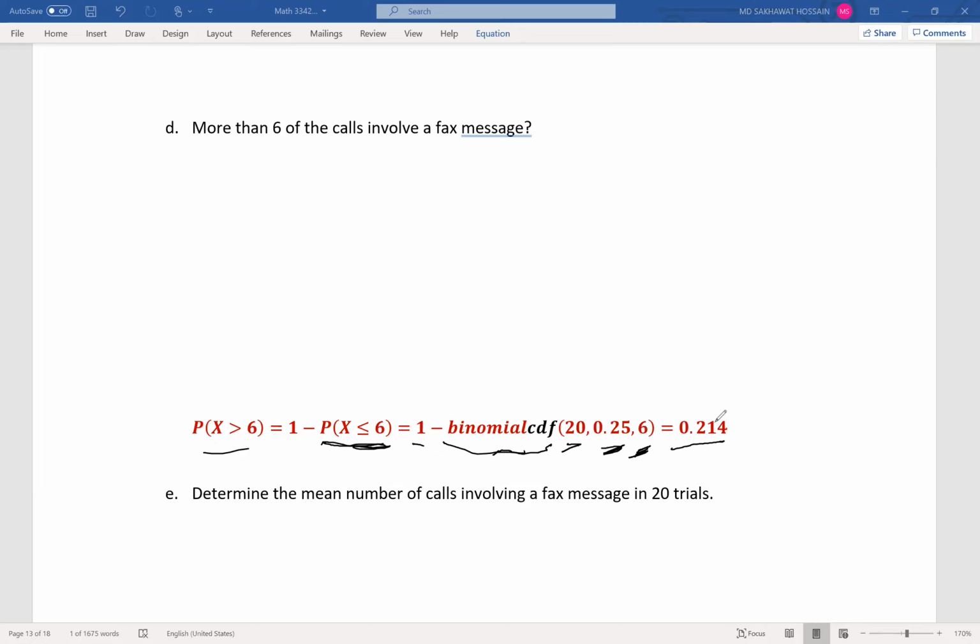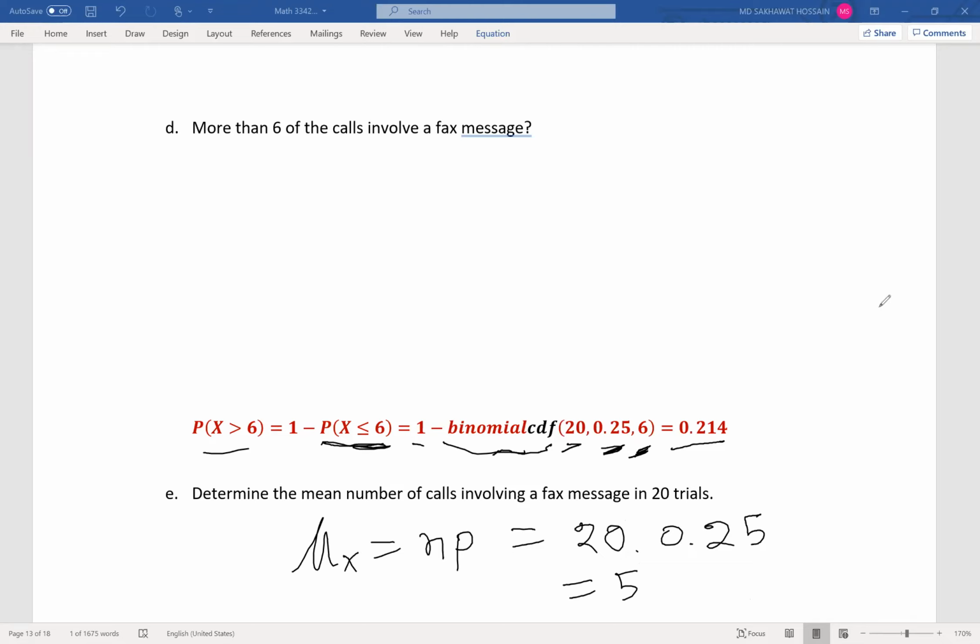Okay, part E is determine the mean number of calls involving a fax message in 20 trials. So you have to find the mean. The mean for a binomial distribution is mu x, which is n times p. The number of trials is 20, and p is 0.25. So that means it will be 5.